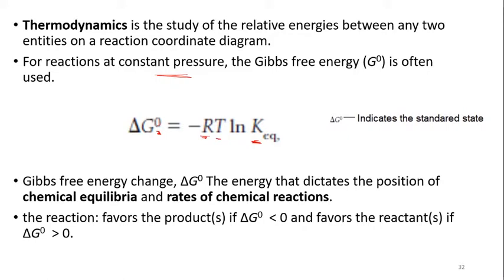The Gibbs free energy dictates the position of the equilibrium and also the rate of the chemical reaction. If my Gibbs free energy is less than 0, the products are favored. If I have a Gibbs free energy bigger than 0, my reactants are favored.